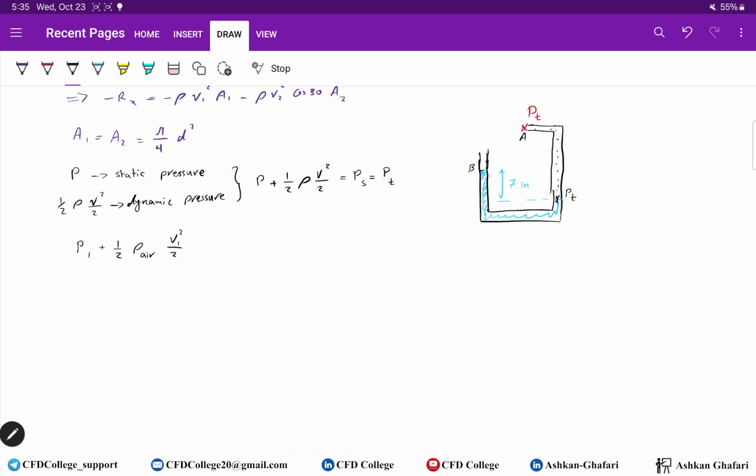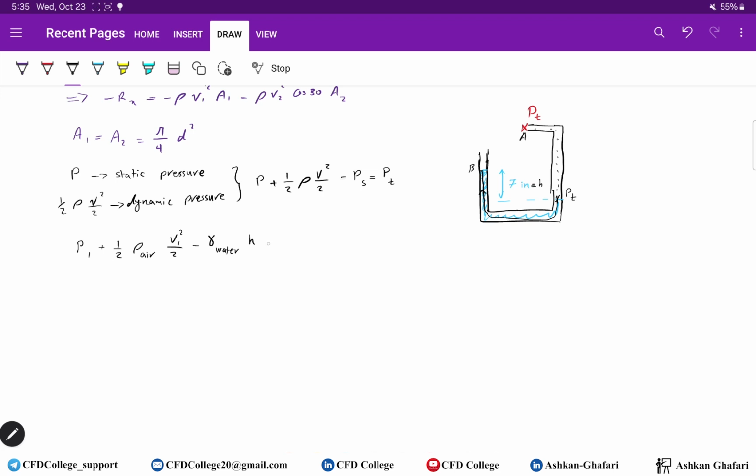If we move upward from this point to this point, we should subtract the pressure minus gamma of water times H, which is 7 inches.